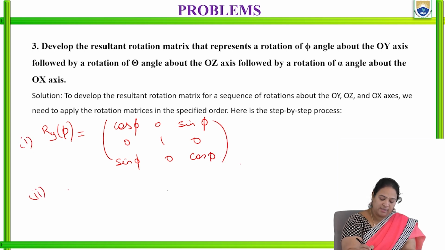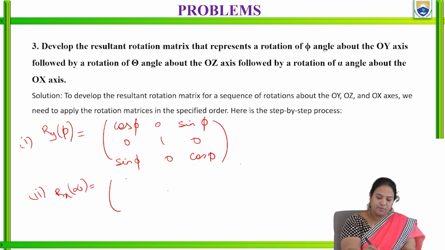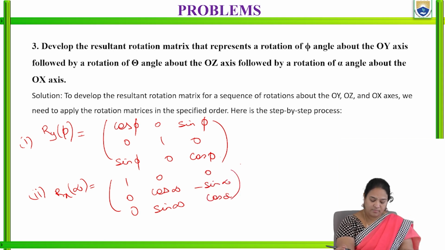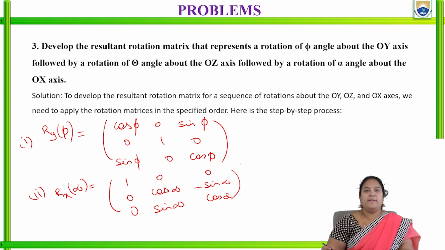What is the second one? With respect to Rx, Rx of alpha is equal to 1 0 0, 0 cos alpha sin alpha, 0 minus sin alpha cos alpha. Right, these are the two rotational matrices which we have considered.